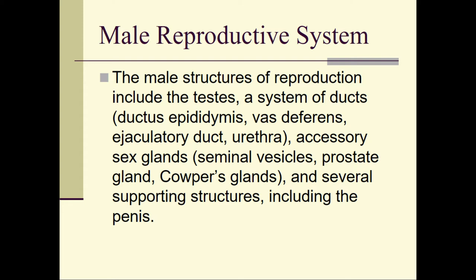Now, we're going to find out that in the mixture of semen, it's not only just sperm cells. The sperm cells need a medium to swim in, and that medium is secreted by the combination of the seminal vesicles, the prostate gland, and the Cowper's gland. But we'll get there.